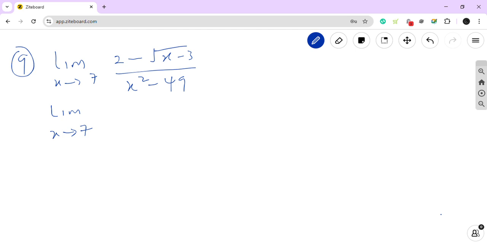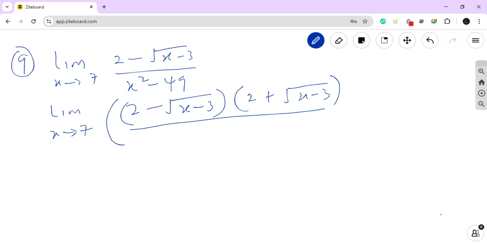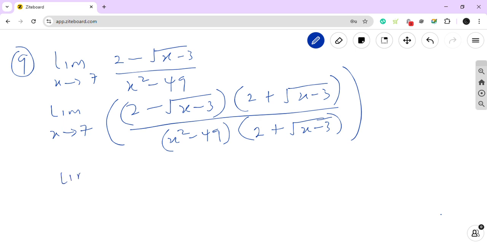Alright, so moving on now, I will have to multiply the numerator and the denominator by the conjugate. The conjugate is 2 plus root x minus 3. Then the down part also is x squared minus 49, and we also have here 2 plus root x minus 3. So we have the limit as x tends to 7. Don't forget we can use difference of two squares.